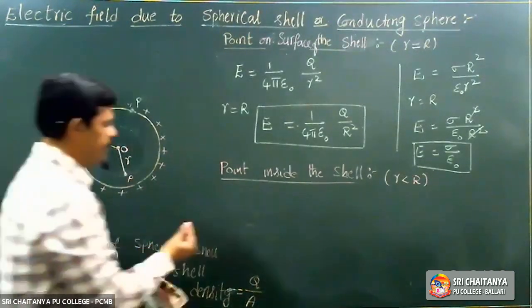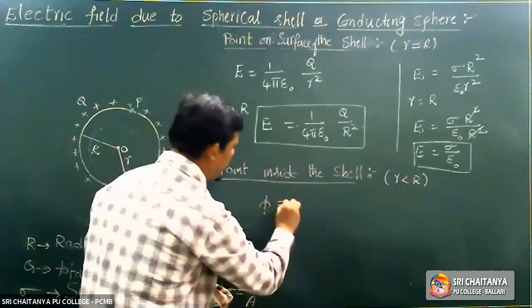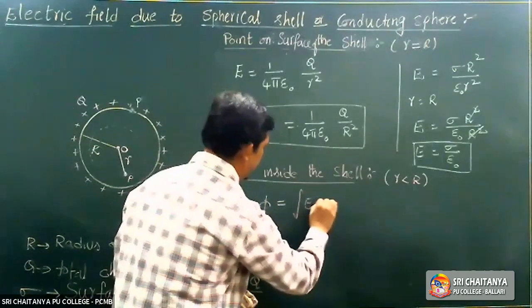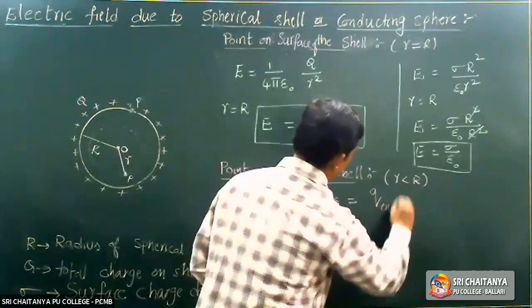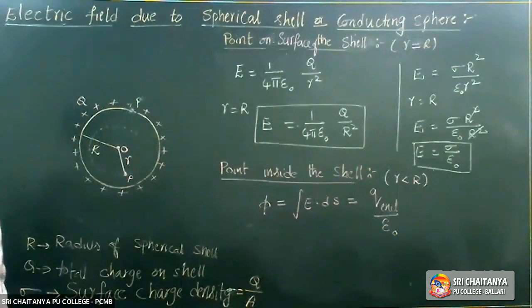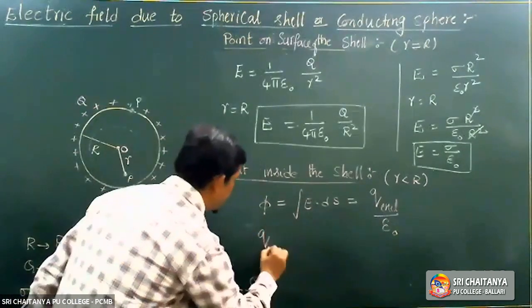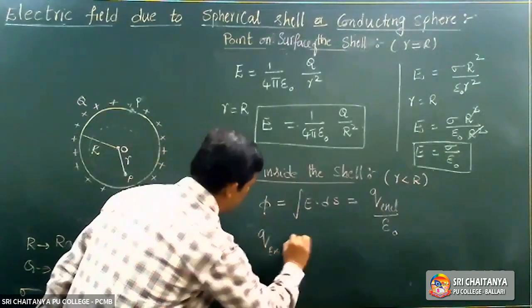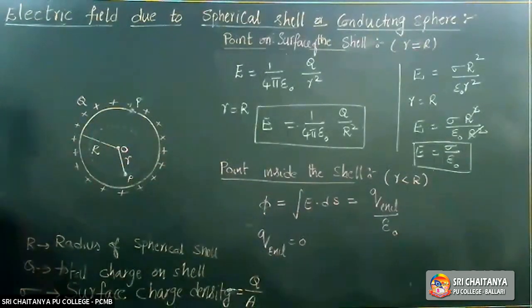So for a point inside the shell, flux, integral E dot ds, is Q enclosed by epsilon naught. Q enclosed is 0, because inside there is no charge.